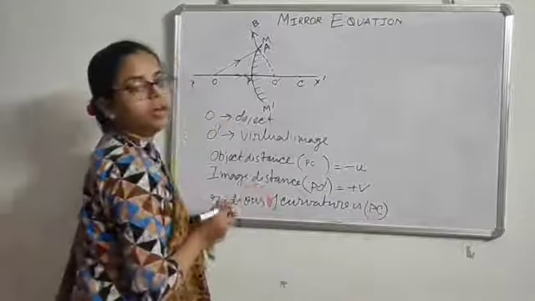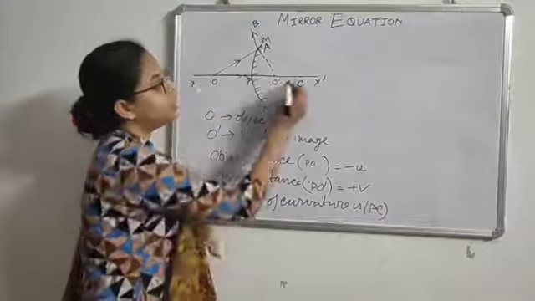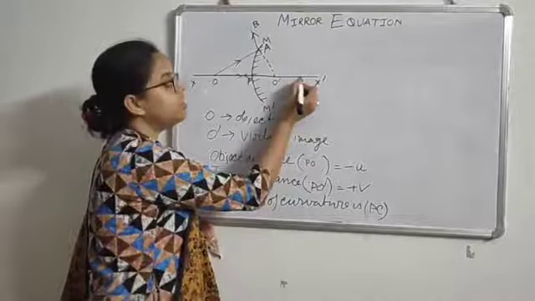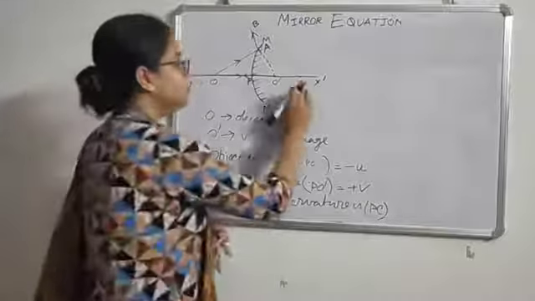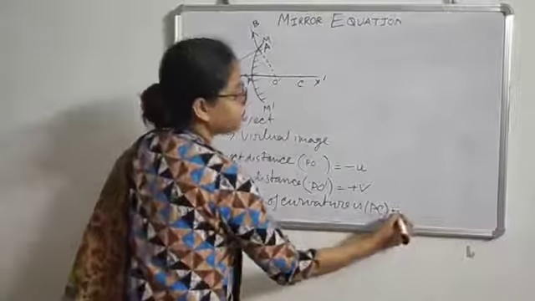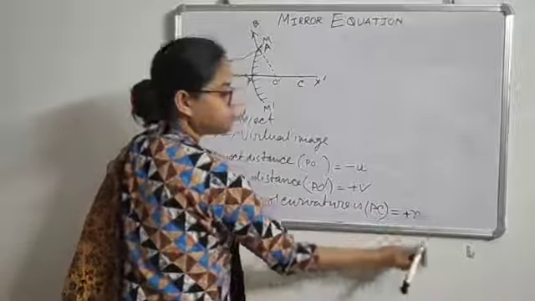We know that for a convex mirror, the center of curvature is situated at this part of the mirror. So this will be plus R.